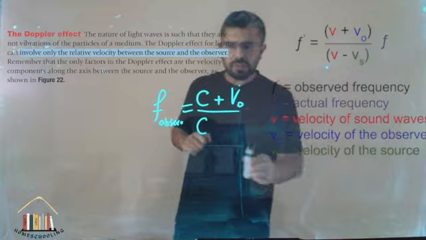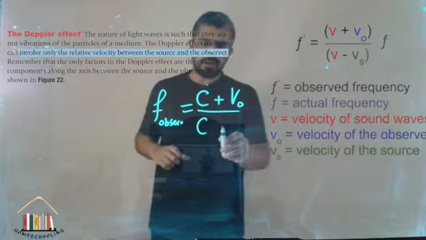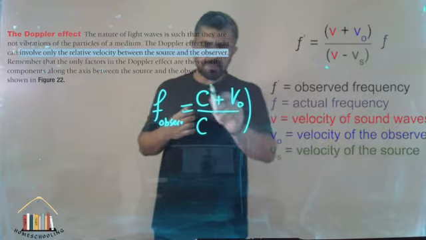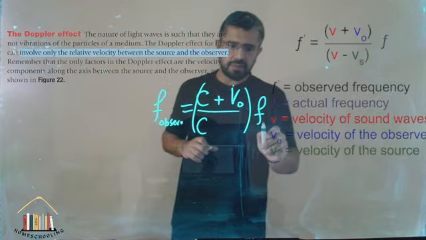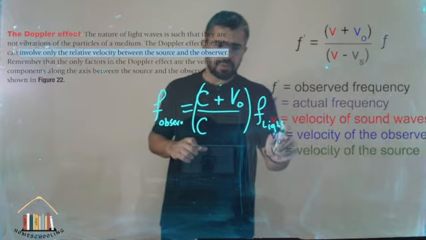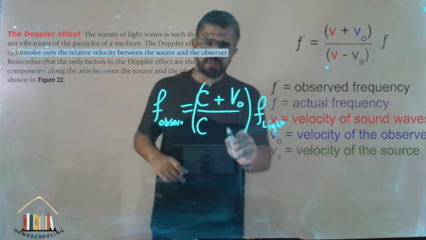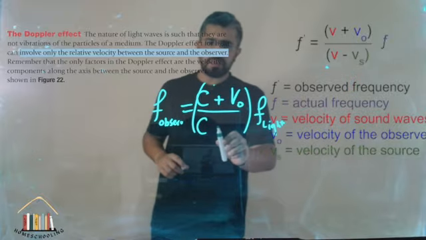We'll consider the velocity of the source negligible, meaning like 0, compared to the speed of light. All of this is multiplied by the frequency of the light. Here I didn't add any factor because we consider the velocity of the source negligible compared to the speed of light.